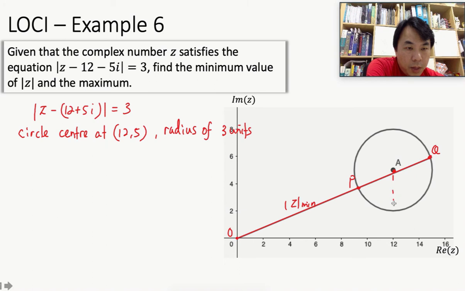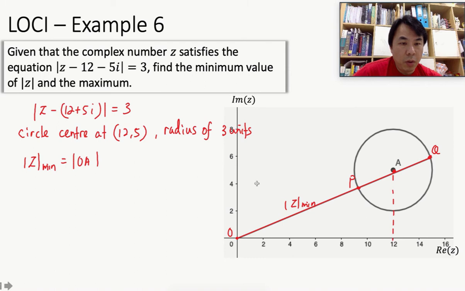So the same methods apply here. All I need to do is to find the minimum value for this absolute value. That must be OA, the length for OA subtract off the radius itself, which is 3 units.